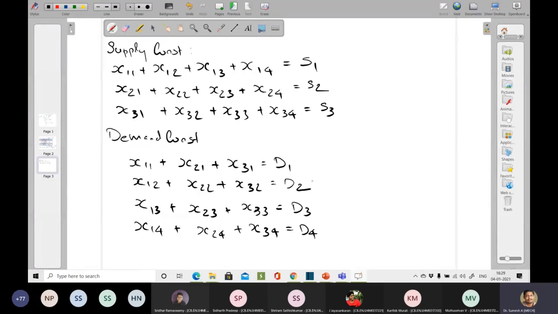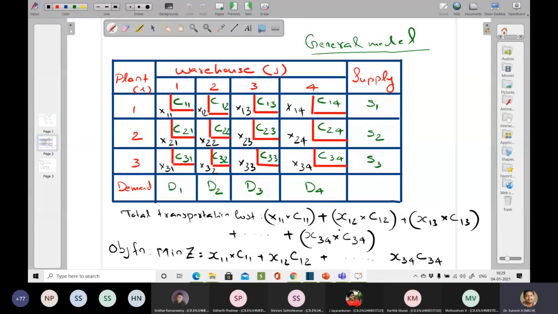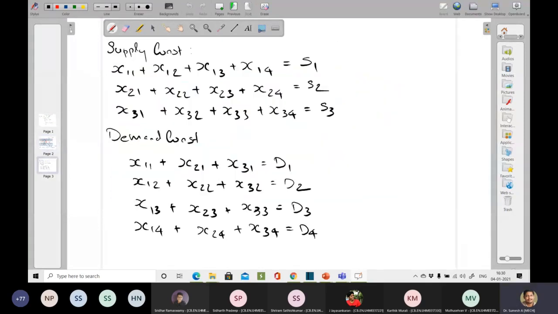Okay, so row wise you have supply constraints, and column wise you have demand constraints. So in this case you can see we have 7 constraints, and the objective function is also there, with nearly 12 unknown variables.